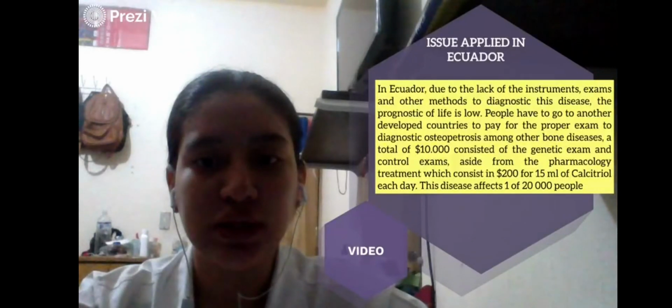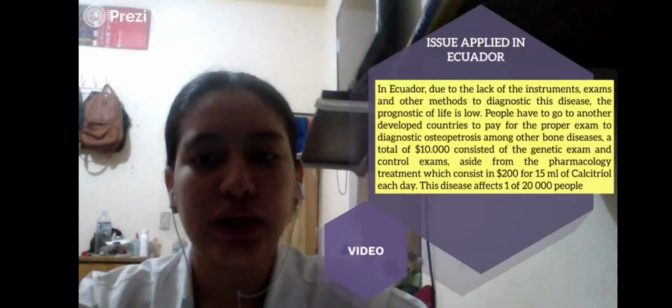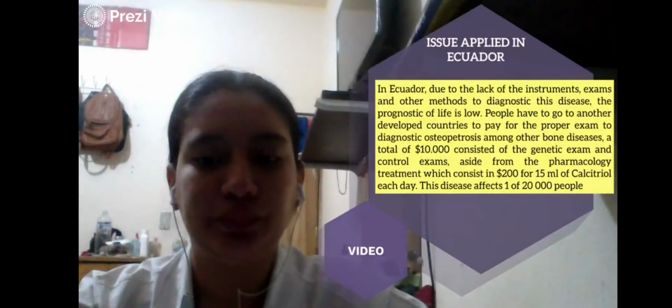A total of 10,000 consists of the genetic exam and control exam, and 80 goes to the pharmacology treatment, which consists of 200 for 15 ml of calcitriol each day. This disease affects 1 out of 2,000 people.